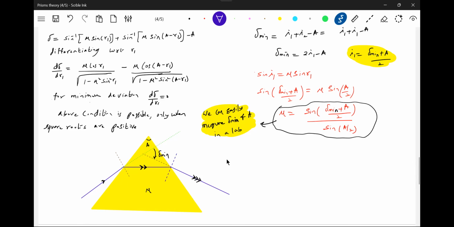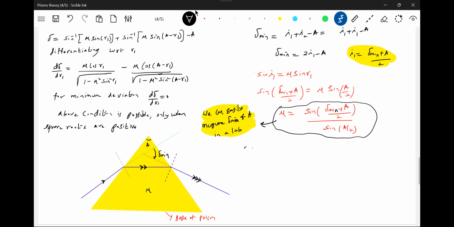How is the refracted ray? The refracted ray will be parallel to the base of the prism. This is the base of the prism. At minimum deviation, this is what happens, and these two will be parallel. The refracted ray inside the prism will be parallel to the base of the prism.